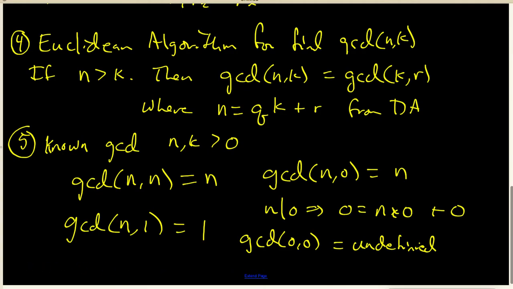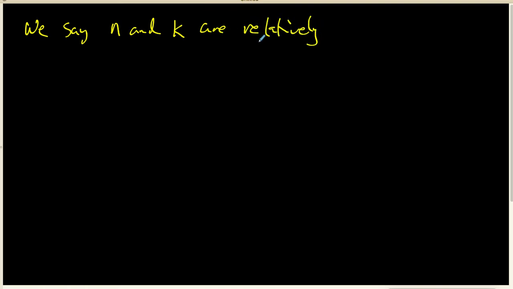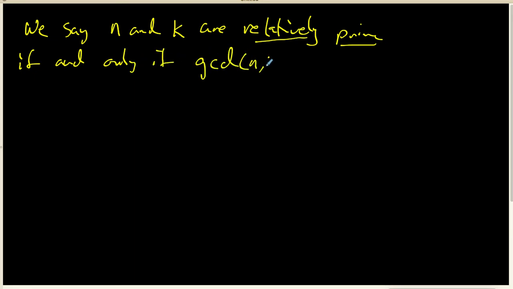The next thing that I want to look at is a definition of relatively prime. So we say n and k are relatively prime if and only if the GCD of n and k is equal to 1.